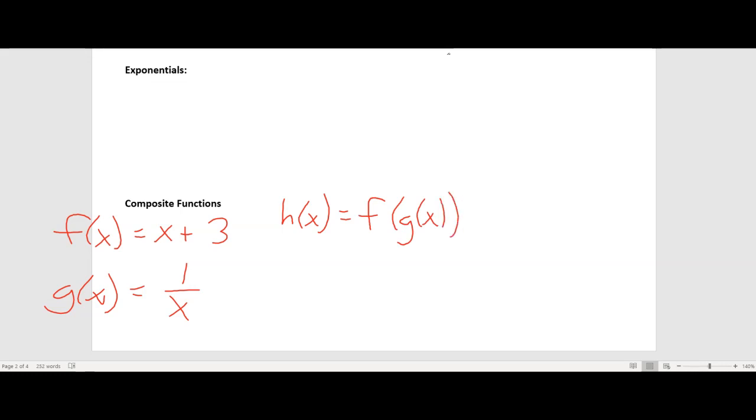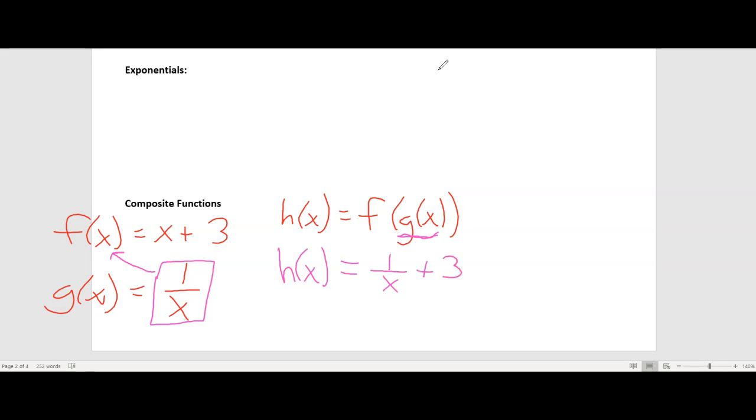So our question is, where is h of x continuous, or is h of x ever not continuous? Well, the entire g of x function is our input for the f of x function. So we end up getting 1 over x plus 3.